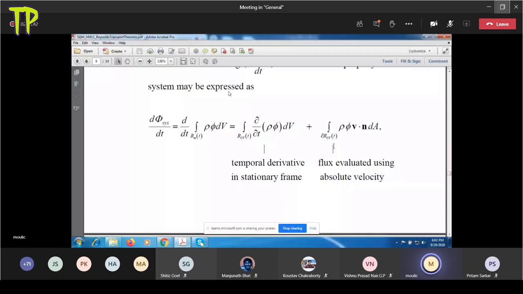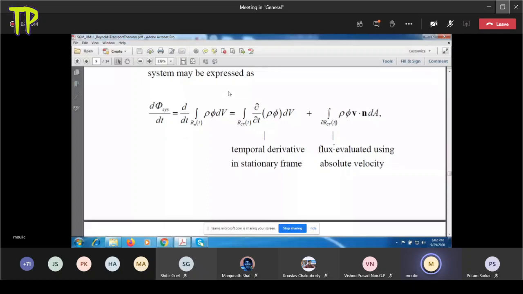Consider the position of a system at time t, the control volume at time t, and a coincident control volume at time t. So all three coincide at time t. At a later instant of time, the system moves in a certain direction and the control volume may move in another direction, and the coincident control volume may remain fixed. But this relation is still valid.